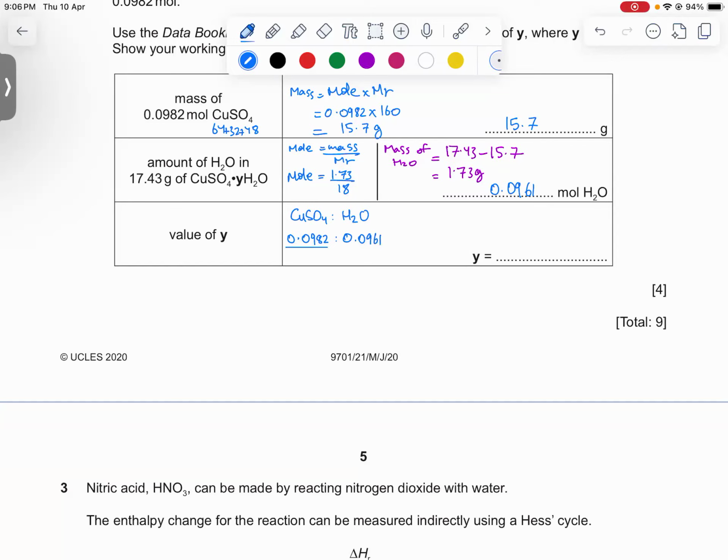We divide by the smaller number. The smaller number is 0.0961. What is the answer to the mole ratio, beta? 1.02 is to 1. We can simplify it to 1 is to 1. Therefore, the value of y is 1.